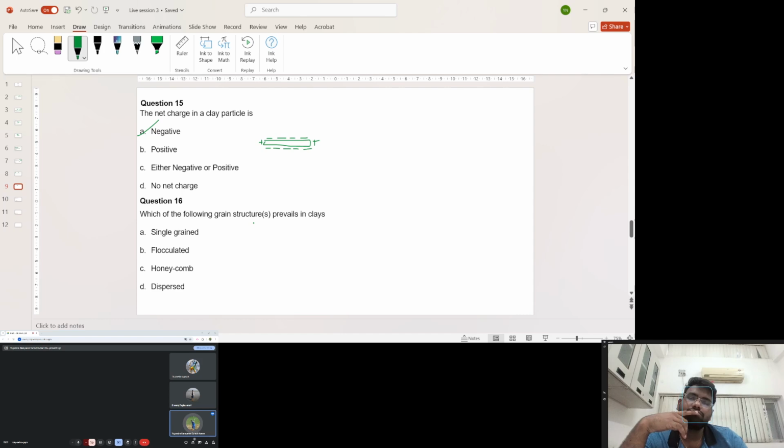Single grain is definitely sand and others. What about honeycomb?